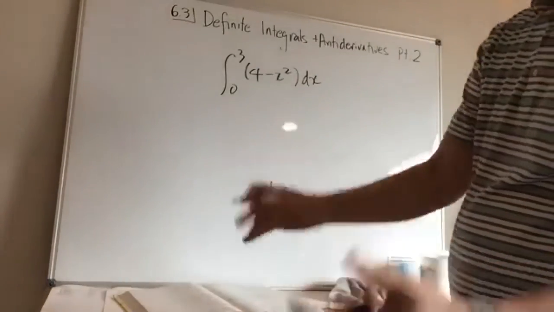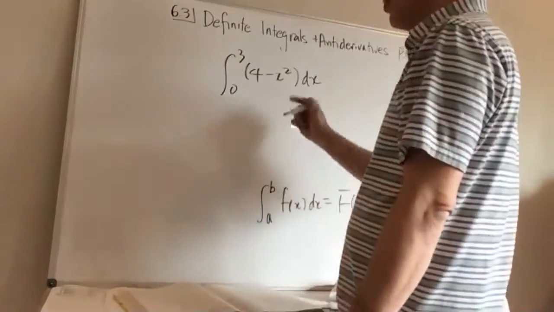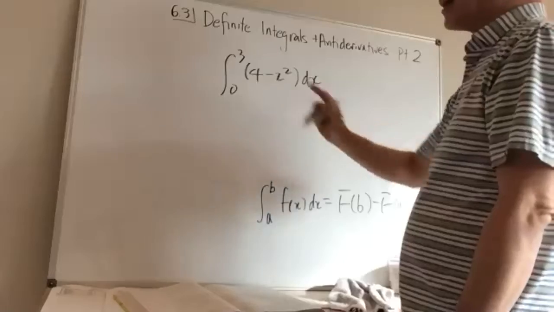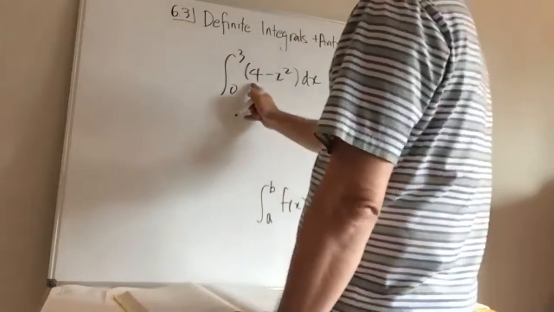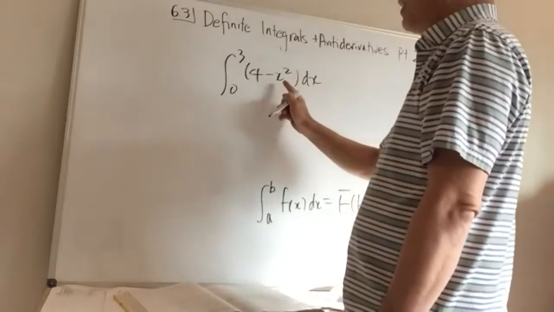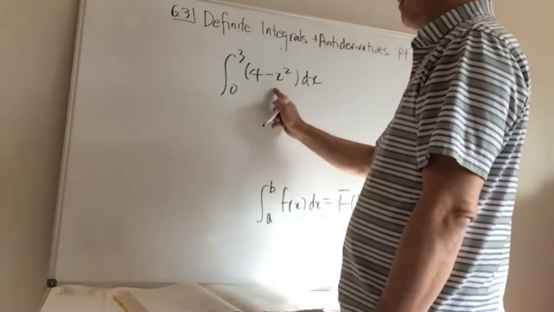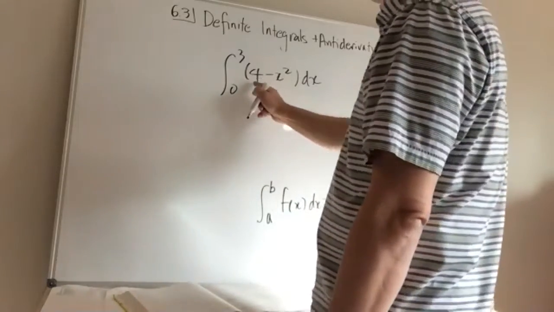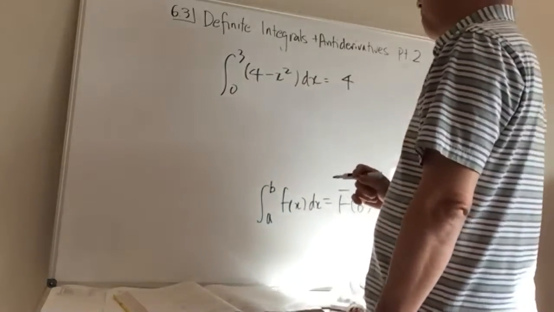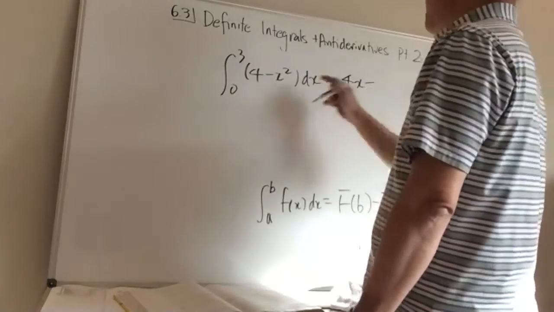We didn't know how to do that, so now let's see if we can solve this algebraically. What would be the antiderivative of this? What would be the function that when I take the derivative, I get this? That's what we're looking for, right? What would the antiderivative of 4 be? 4x. Great.